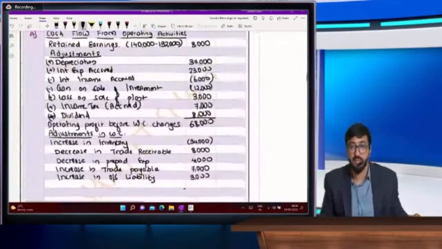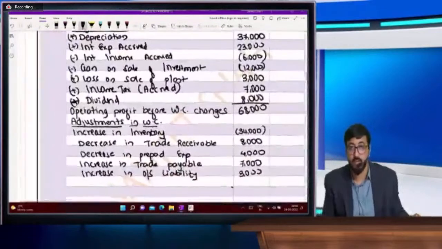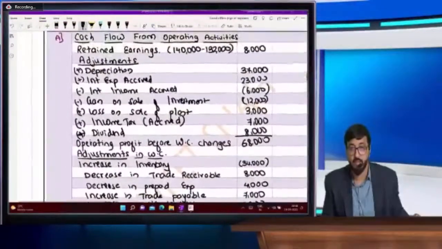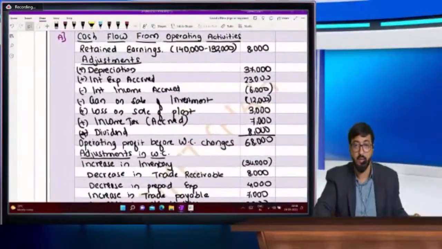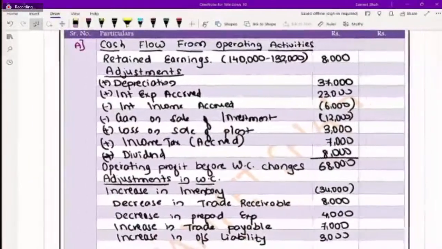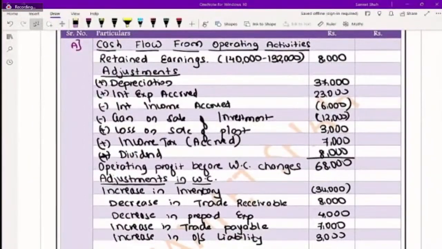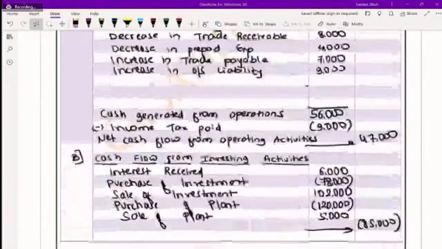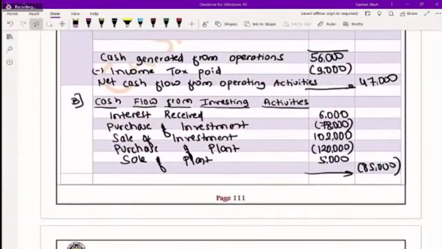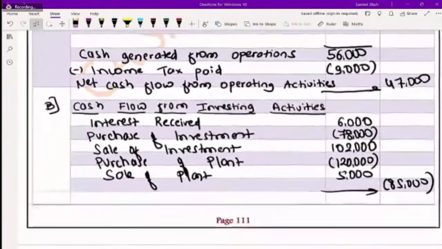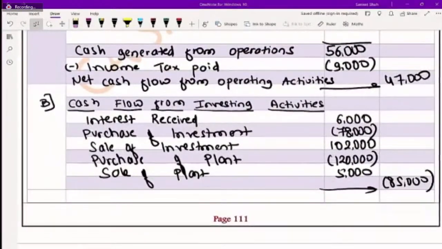You can take a screenshot if you want. One minute. If you are not with my speed, you can take a screenshot. This is the B, cash generated from operations.